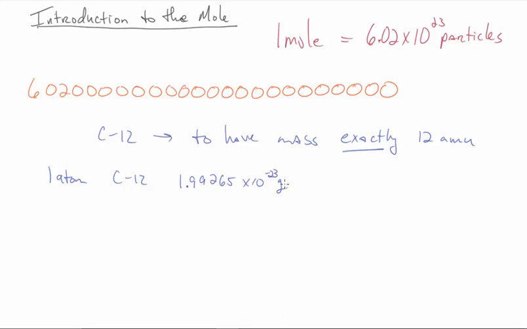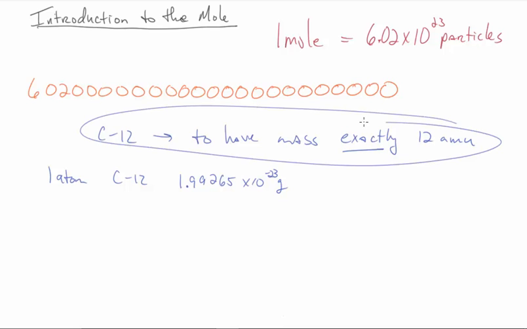That's how much, if I could hold one carbon-12 atom in my hand and put it on a scale, that's how much it weighs. And again, we're using mass spectrometry to figure this out, right? And so what they said is, if we're going to say that carbon-12 has an exact mass of 12 AMU, then if I had a mole of substance here, it would be exactly 12 grams.